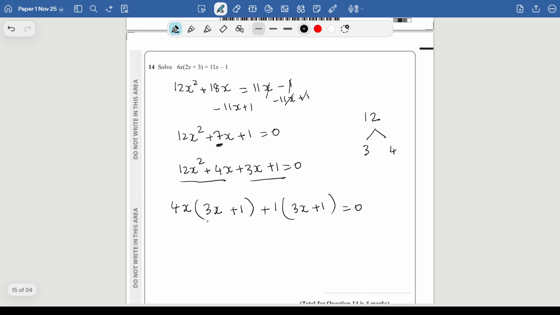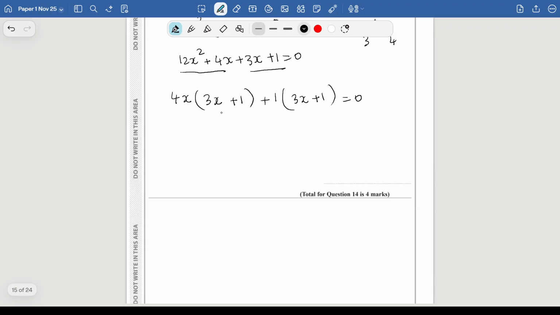Now from these two terms which you have factorized, you can further factorize. So 3x plus 1 is a common term, so you can take that out as common. So what remains here is 4x plus 1 equals 0. So now you have two of these terms in the brackets.